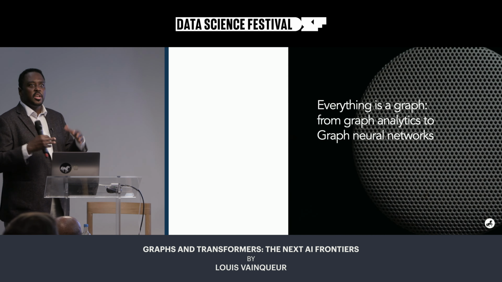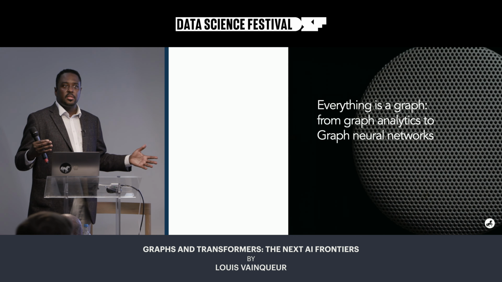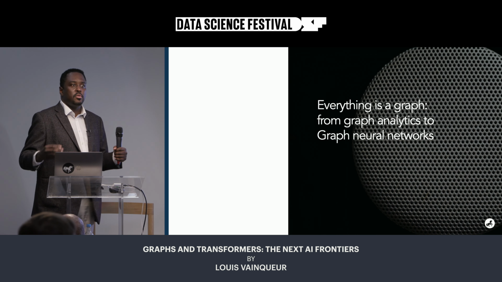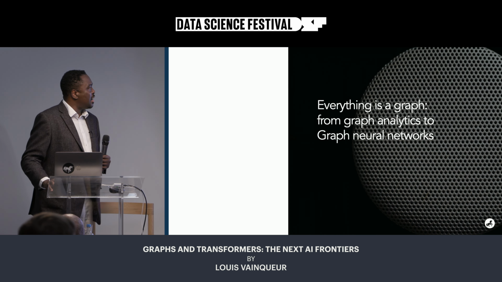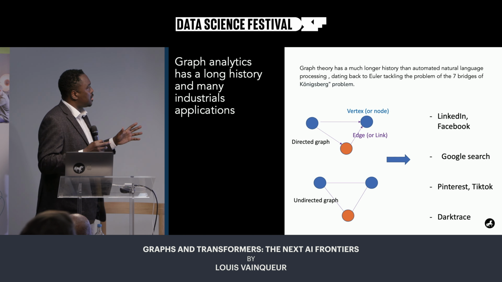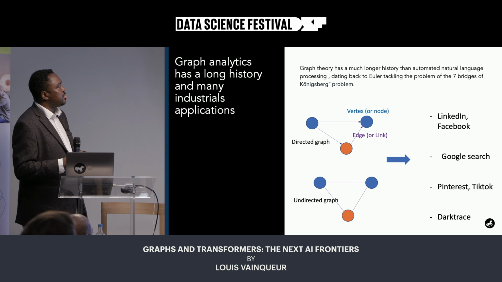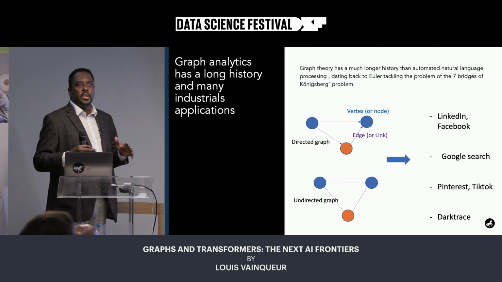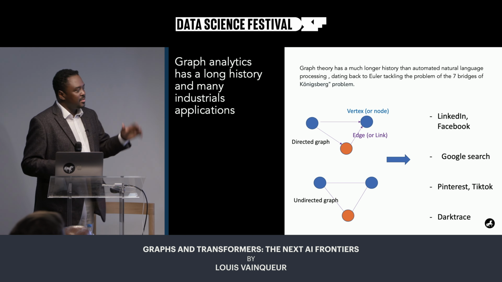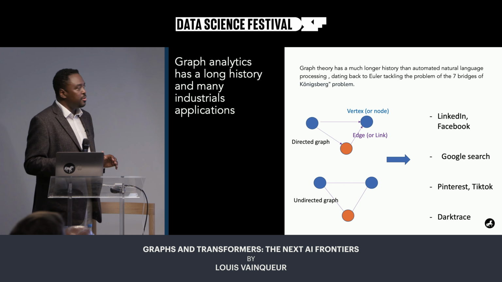Okay, so now we are talking about creating representation for text. Now we are going to talk about creating representation for graphs and nodes inside graphs. So I'll go fast about the background. I don't know if I need to dive too deep into this, but graph theory is not from 2013. It started hundreds of years ago.